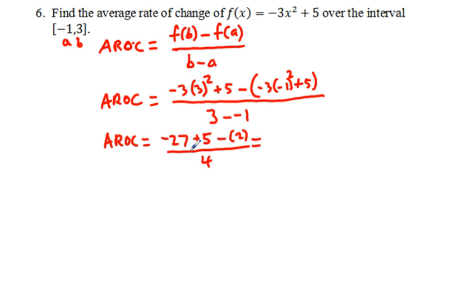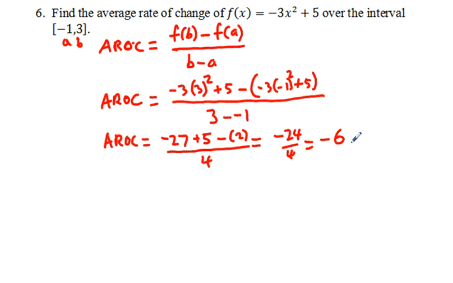And so that's going to be equal to -27 plus 5. That's going to be -22, minus 2 is going to be -24 over 4, which is going to be equal to -6.